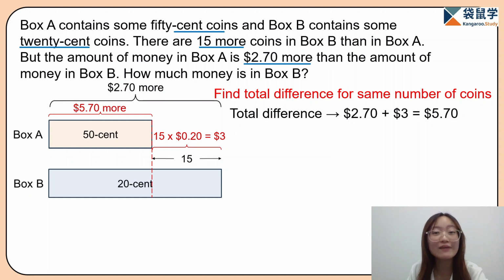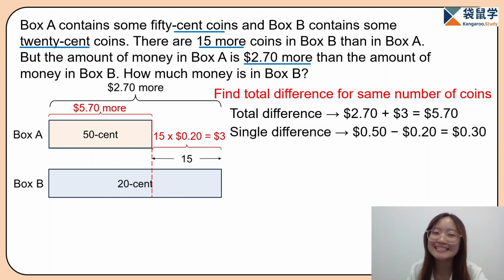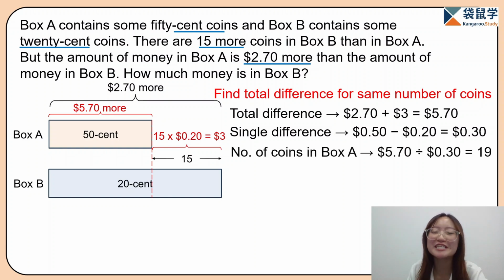And this is what will be over here on the left. So now that we have the total difference, what is the single difference? It is 30 cents. So now, do you remember the formula? How can we find the number of coins in box A? It will be the total difference divided by single difference, which gives us 19 coins here on the model.